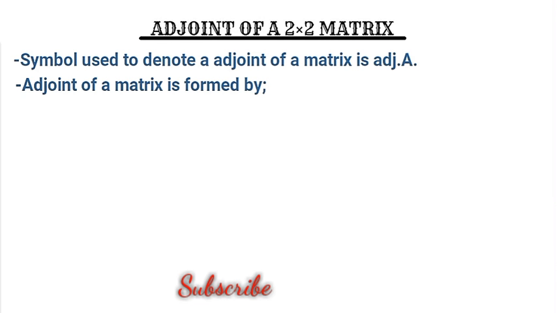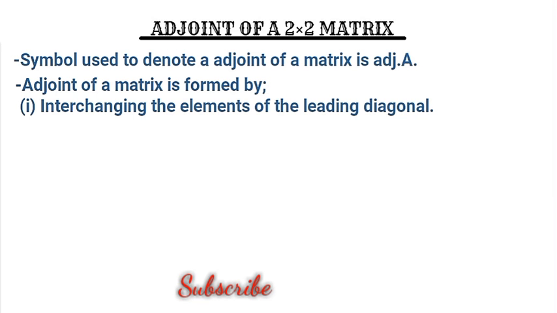The adjoint of a matrix is formed by, number one, interchanging the elements of the leading diagonal. In the previous video we talked about the leading diagonal, and I also linked the video where we talked about the leading and trailing diagonal.